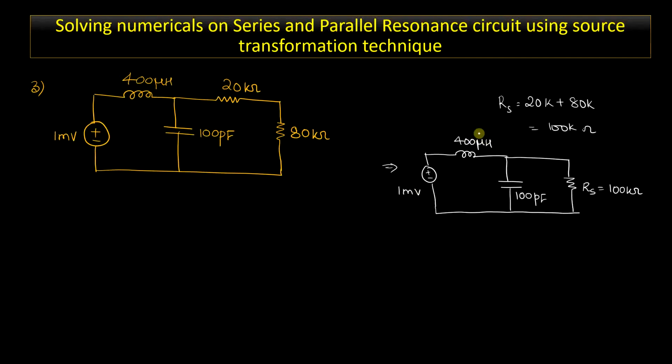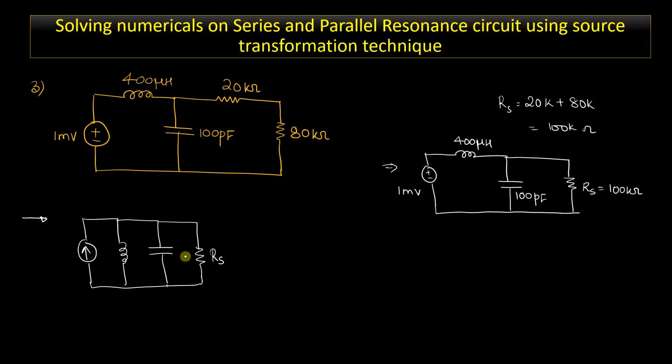So when you transform this into a current source, the entire circuit gets converted into a parallel circuit. So I can redraw this particular circuit as a current source in parallel with the inductor, in parallel with the capacitor, in parallel with the resistor.